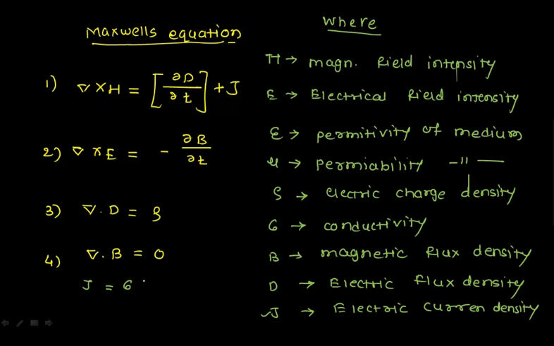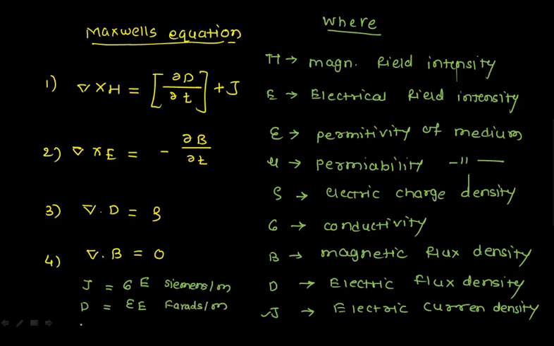This is sigma into E, and the unit is Siemens per meter. What about D? This is nothing but the electric flux density, which is epsilon into E, and the unit is farads per meter.